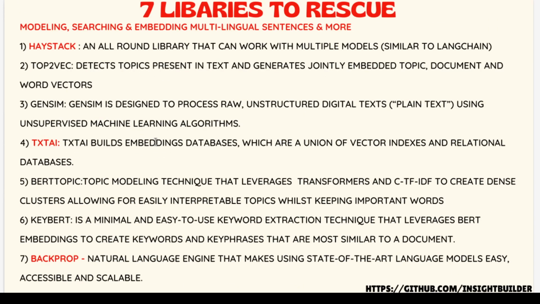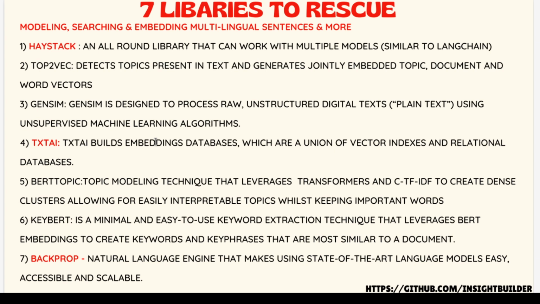So let us dive into, first of all, the libraries that I am planning to discuss. I'll first of all list them down. So Haystack is one of the all-round libraries that is almost similar to LangChain. You guys must have seen most of my LangChain related videos and how I approach LangChain related topics.